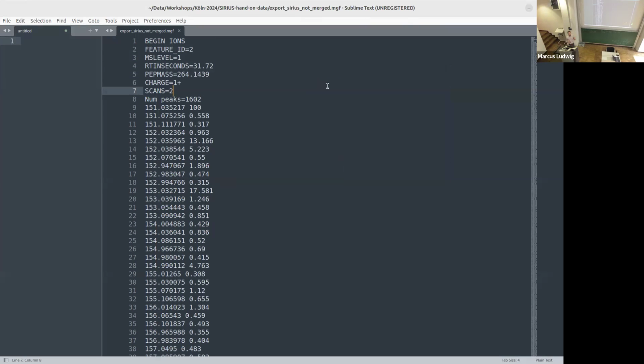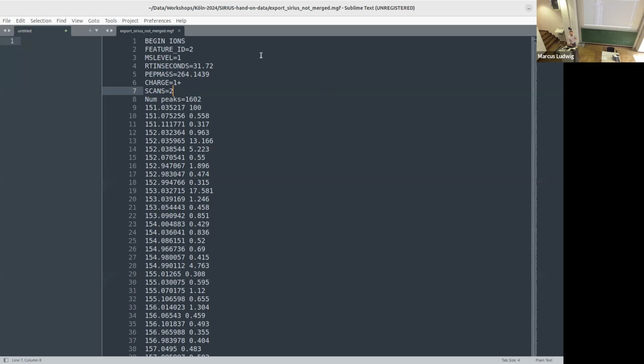I mean, you don't have to do it every time, but sometimes you import data to Sirius and there are no features in there, and you're wondering, hey, why is my feature list empty? The first thing you should always do is have a look at your text file, because it tells you, is there even a feature in there? Is there MS2 data in there?